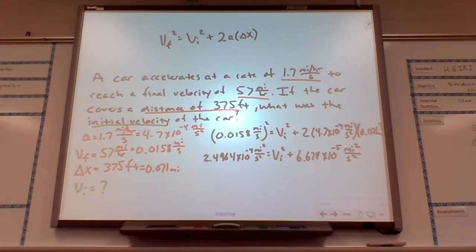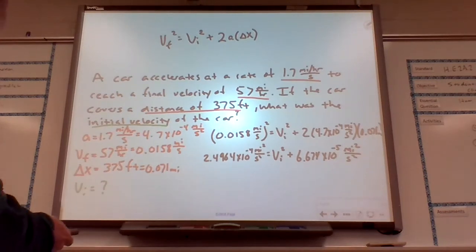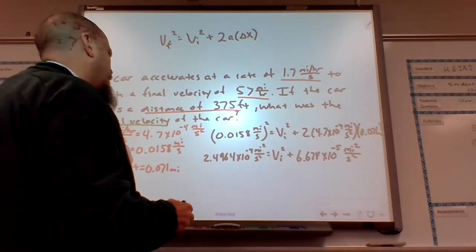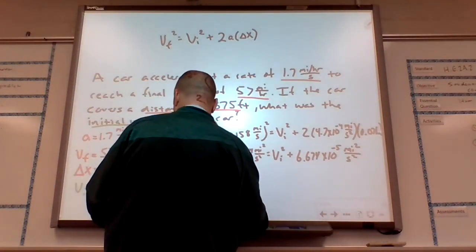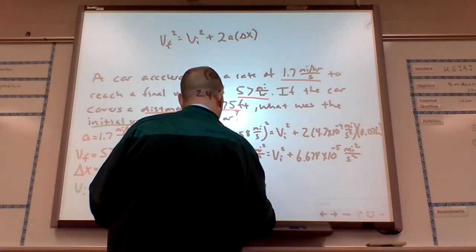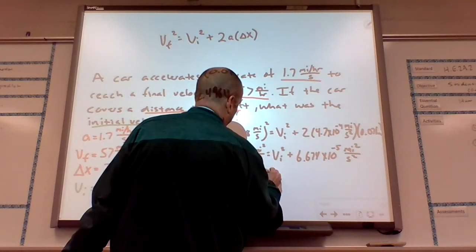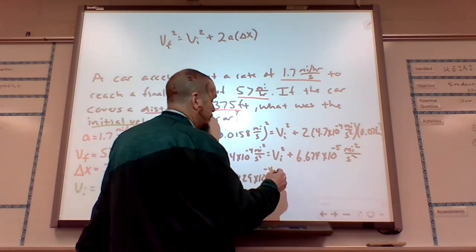I don't know why it doesn't want to do that for me. I get 1.829 times 10 to the negative 4. And this would be miles squared over second squared.